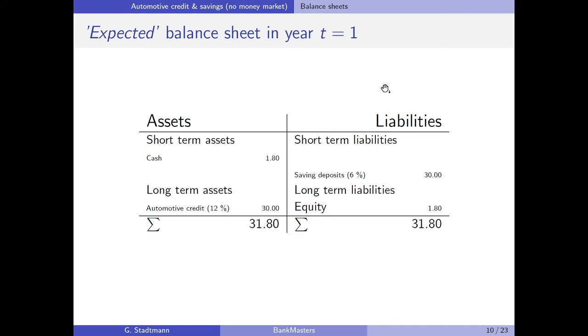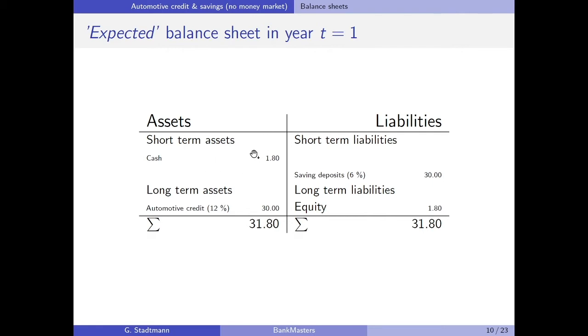But in the expected balance sheet in year T equals to 1, we have seen that the profit was given as 180 cents. We have solved this, so it is now here. So it is equal to 1.8 euros, and it is stated as cash in here. In T1, we are expecting some profit, and it is stated under short-term assets and under cash.